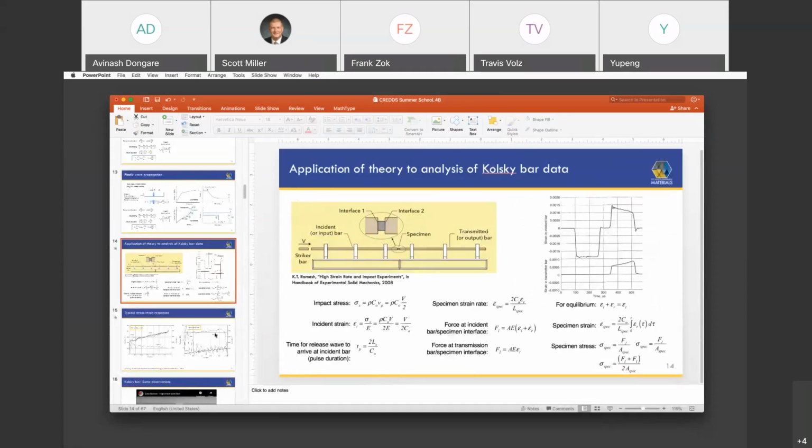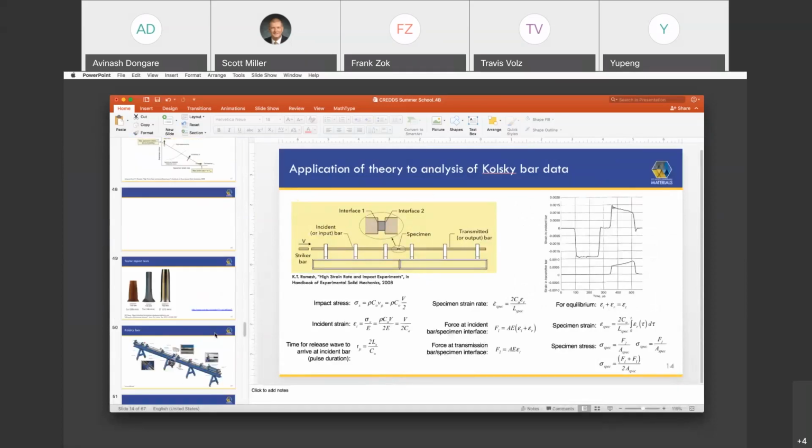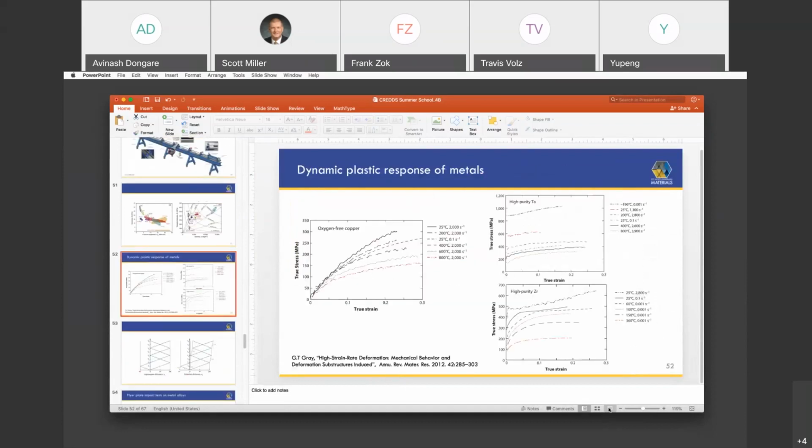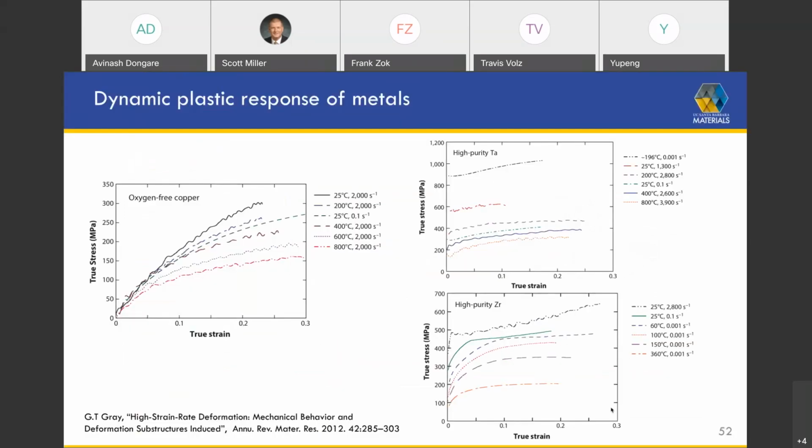Okay. So now you're digging into some really interesting questions that pertain to the combination of strain rate sensitivity plus strain hardening.